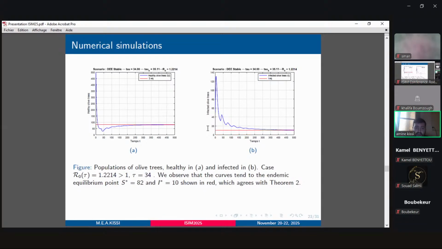The second scenario is when R0 of τ equals 1.2, greater than 1, and τ equals 34. We observe that the healthy olive trees tend to the endemic equilibrium, S star equals 82, and the infected olive trees also tend to the endemic equilibrium, I star equals 10. Both scenarios agree with our theorems.